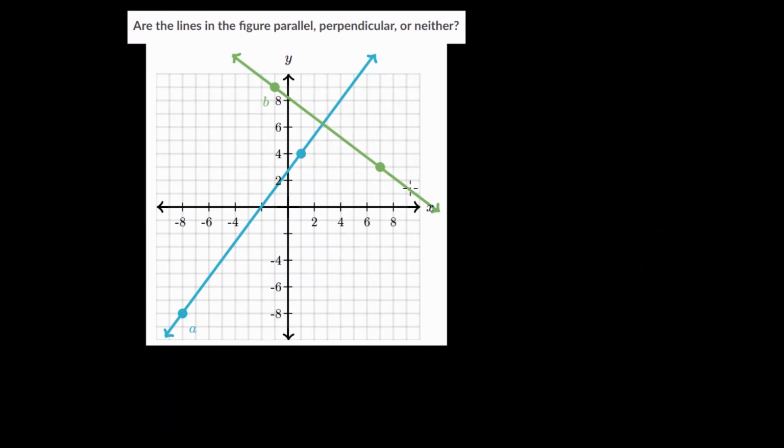For this one, we are given the graph of the lines, and the process is the same. We need to find the slopes of each of these lines. We can start with this green line here. To find its slope, we just need to figure out how much it rises and divide by how much it runs.